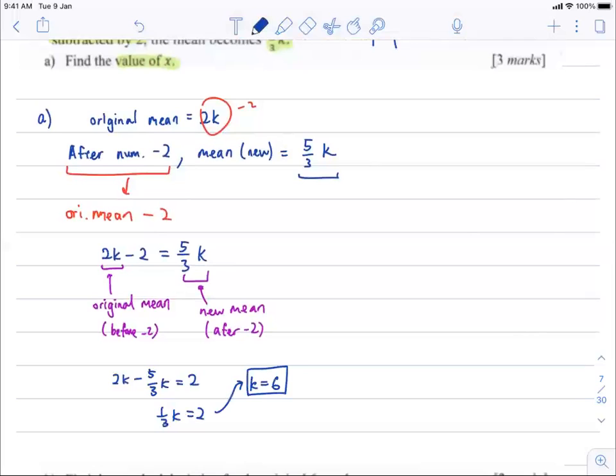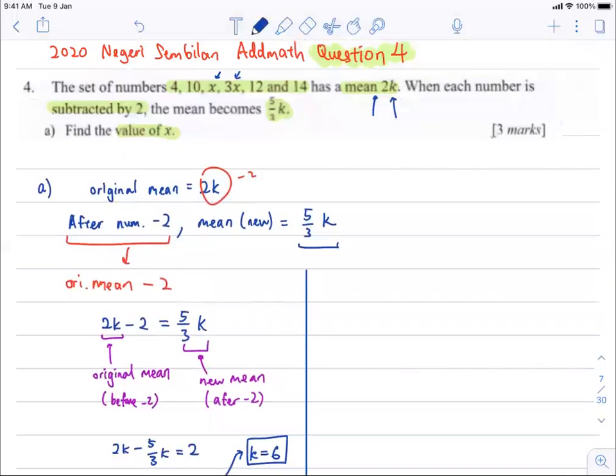Okay, now we already have k. We can find what is x. To find x, we need to use this formula. Mean, x bar, is equal to sum of all numbers divided by the number of numbers.